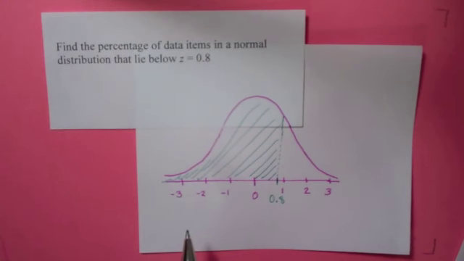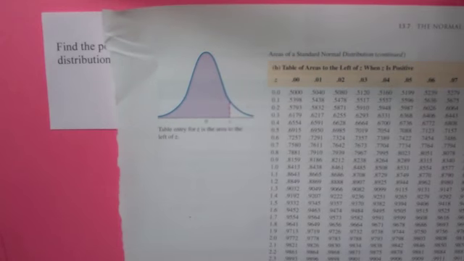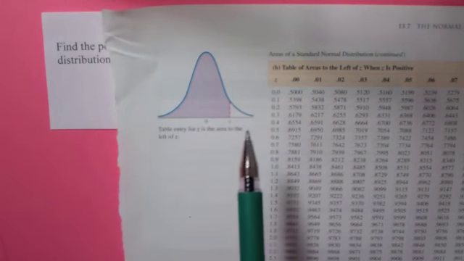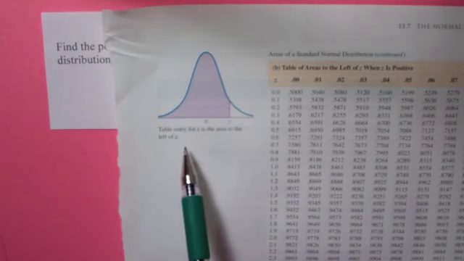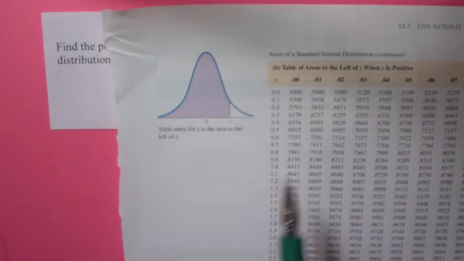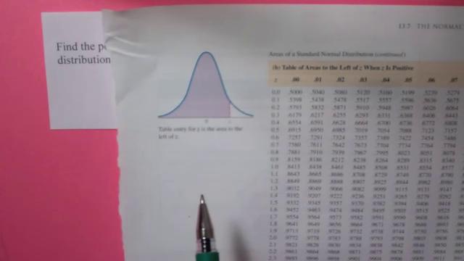Okay, and if you look at the table in your book, which is right here, you can see that the table gives area to the left of z. And there's 2 pages to the table. You have negative z's and positive z values.